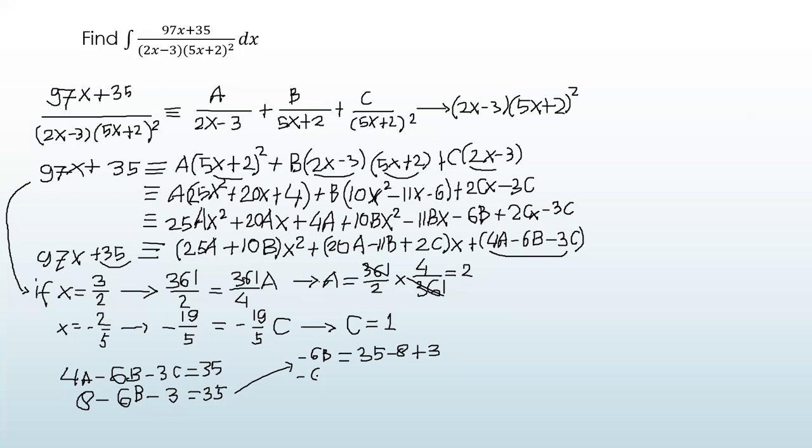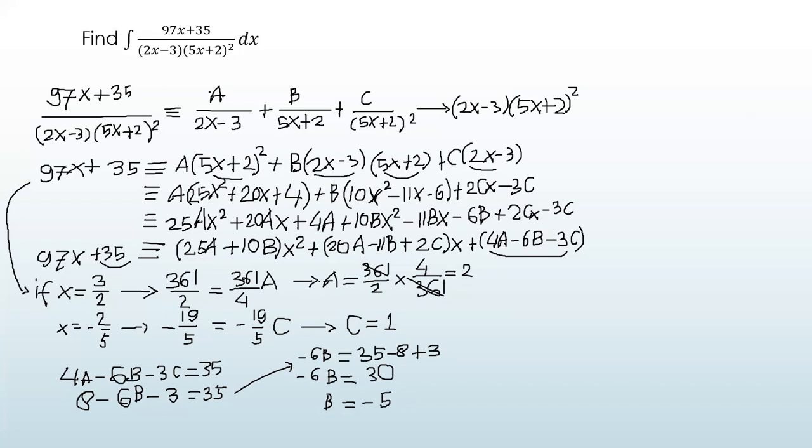So negative 6B equals 35 minus 8, okay, that is 30. It means B equals negative 5, because negative 6 times negative 5 equals 30.